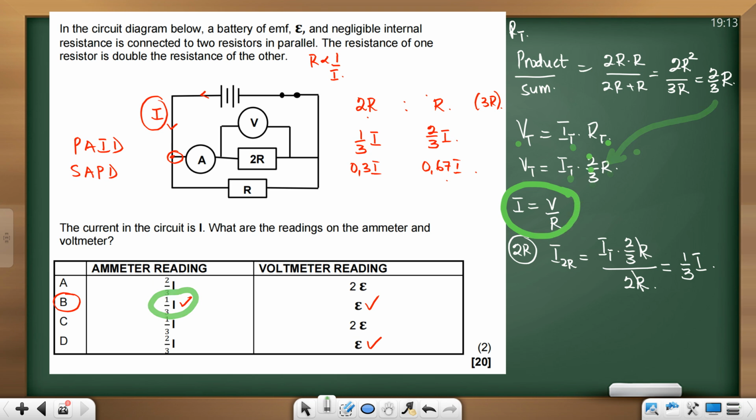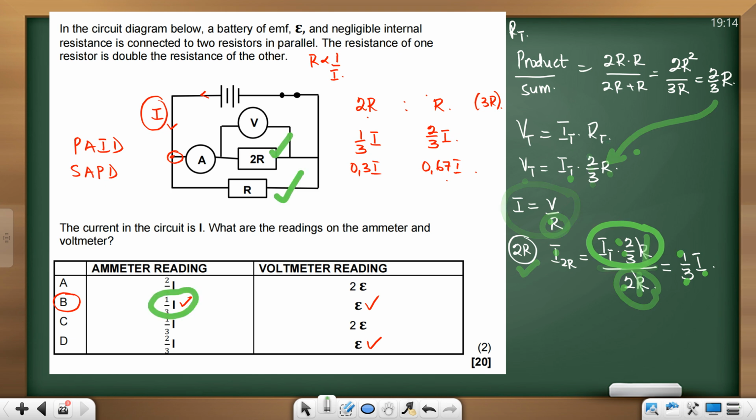So I is V over R. Now for the 2R resistor, I is V, remember the V up here is the same V over there, over the value of the R. But what's my R for 2R? 2R. The R's will cancel. 2 over 3 divided by 2 would give you 1 over 3R.